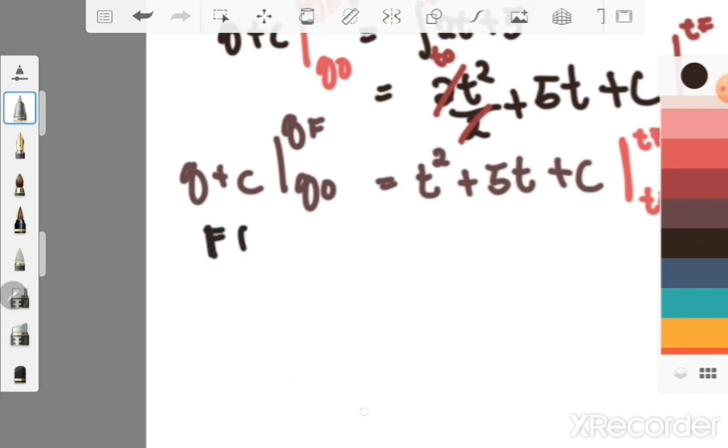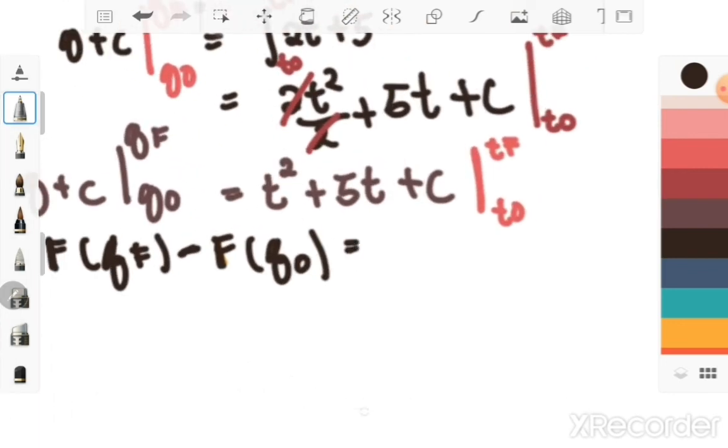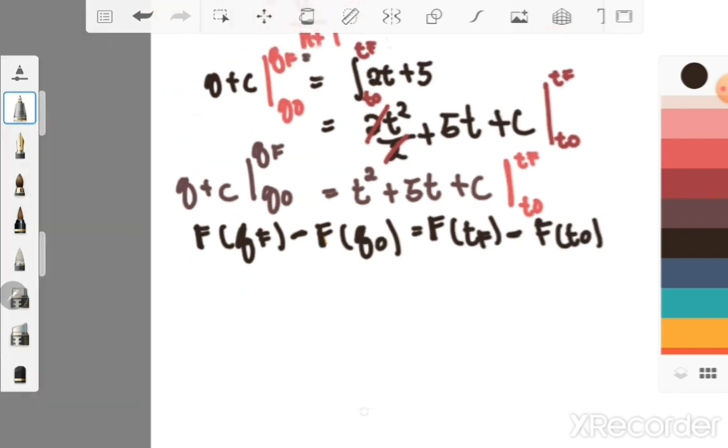So let's proceed to the process of our definite integral. You have your f of q of f, para hindi na kayo malito, f of q of f minus f of q sub 0, which is equal to f of t sub f minus f of t sub 0. Alright? So your f of q of f is just equal to, substitute your q of f to the function.